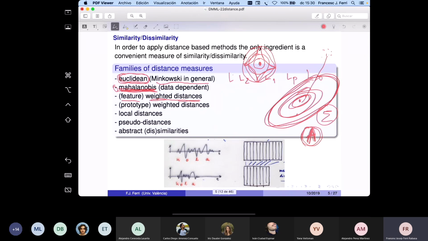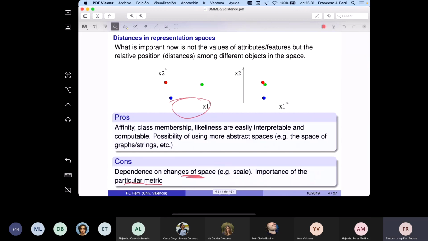In that case, we have distances like this because we weight more x1 than x2, or like this, in which we weight more x2 rather than x1. So these two are particular cases of what we call Mahalanobis distance. Weighting the dimensions is the same as changing the scale. You see?